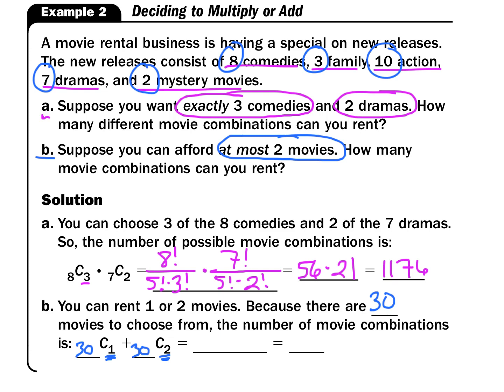So this is an or situation, so we're going to add those. So if we're only choosing 1 and we have 30 possibilities, then that means that we have 30 possibilities.